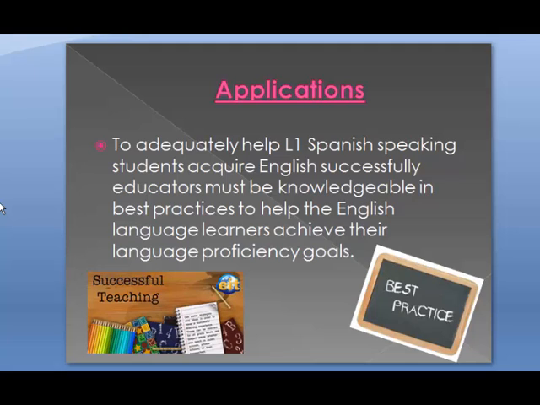An application to take away from this is, in order to adequately help L1 Spanish-speaking students acquire English successfully, educators must be knowledgeable in best practices to help the English language learners achieve their language proficiency goals, whatever they may be.